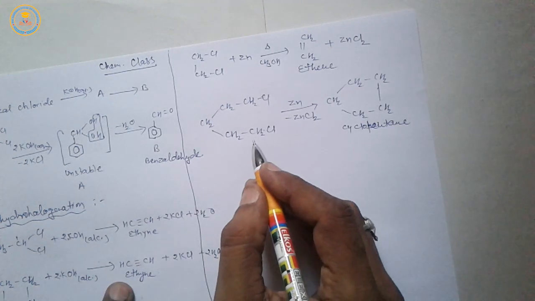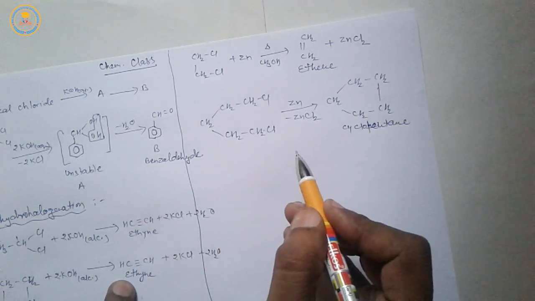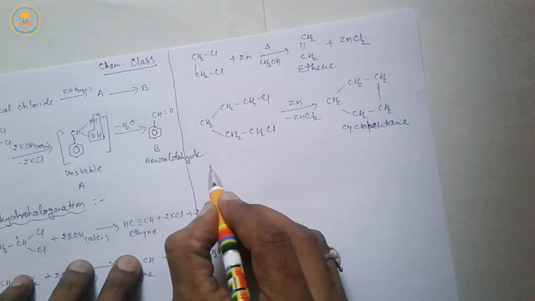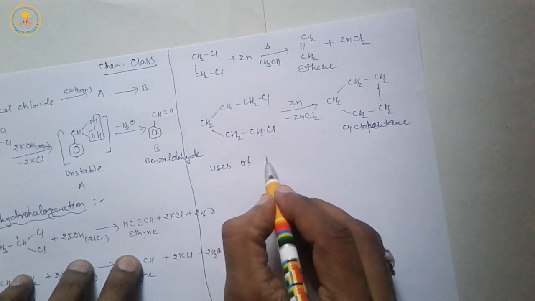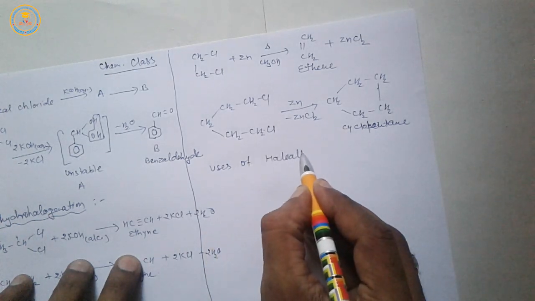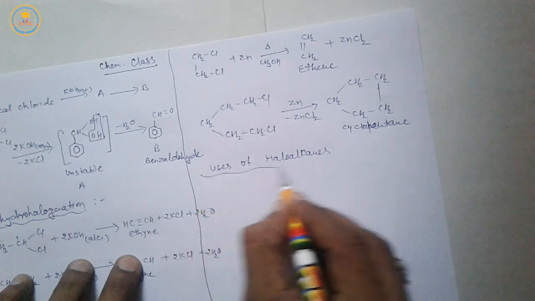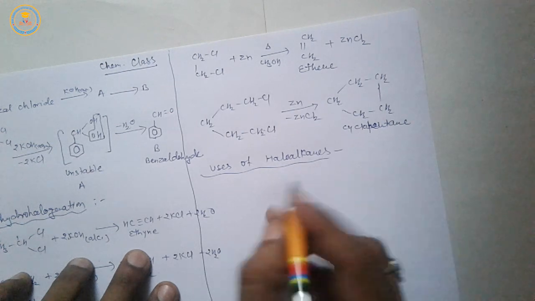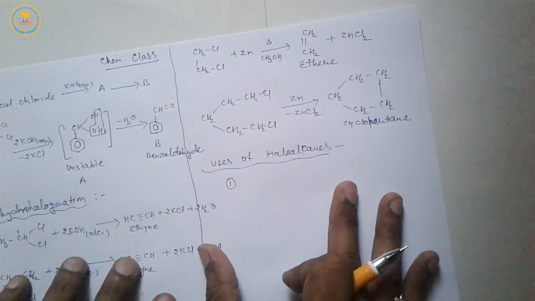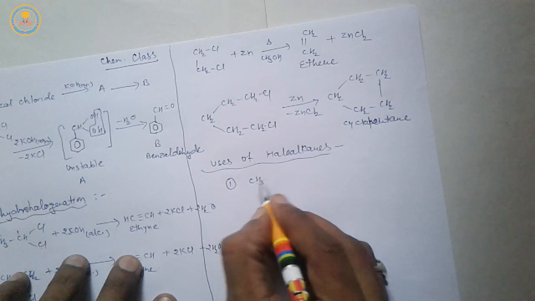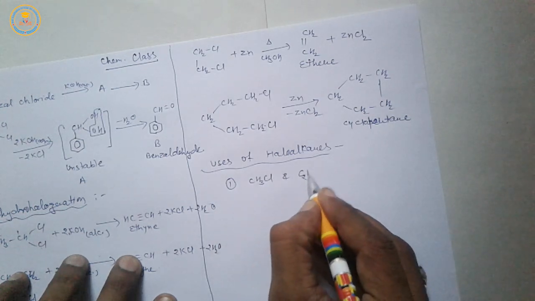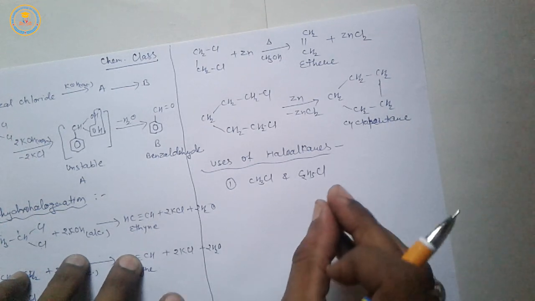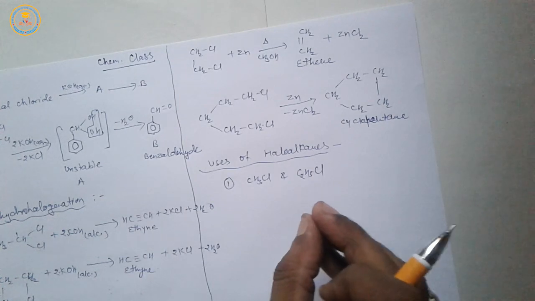Now next, usage of haloalkanes or mono and dihalogen derivatives. First use, methyl chloride and ethyl chloride are used as refrigerants and as an anesthetic.